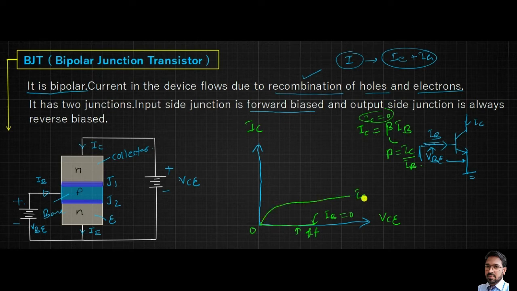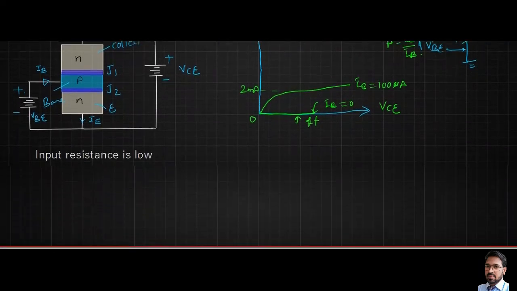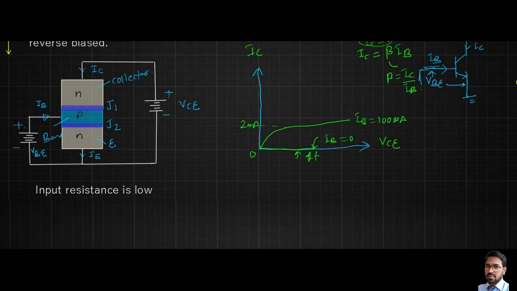Suppose IB is 100 microampere, and I will get some IC here, so it is 2 milliampere. So base current will decide the collector current. We can say that BJT is a current controlled device, because current at the input node controls the output current.